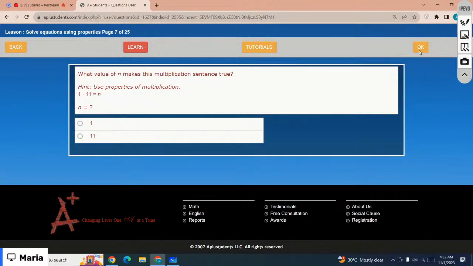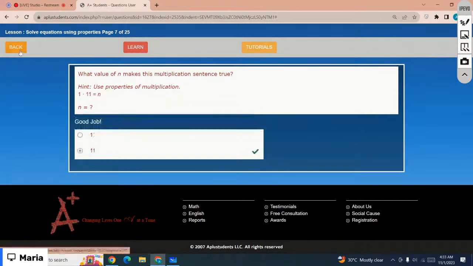What value of n makes the multiplication sentence true? So which is the correct option? n equals 11, right? Okay, you can complete the lesson by yourself later today.